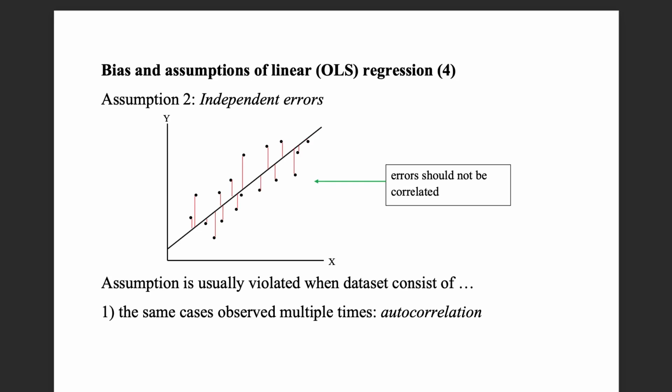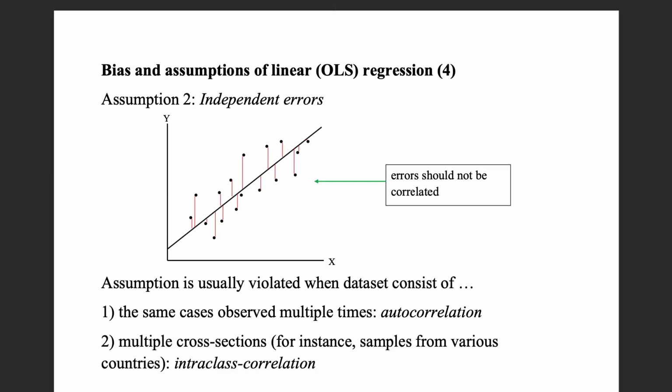But just for now, autocorrelation or serial correlation is this idea that because we have the same unit of analysis or the same cases that we observe multiple times, there is probably going to be some element of predictability in our error term, that we can predict the error for today by the error that we observed yesterday or last year. This is the problem of autocorrelation, which means that our errors are not independent. So that's one that you will see quite a lot in the political science field.